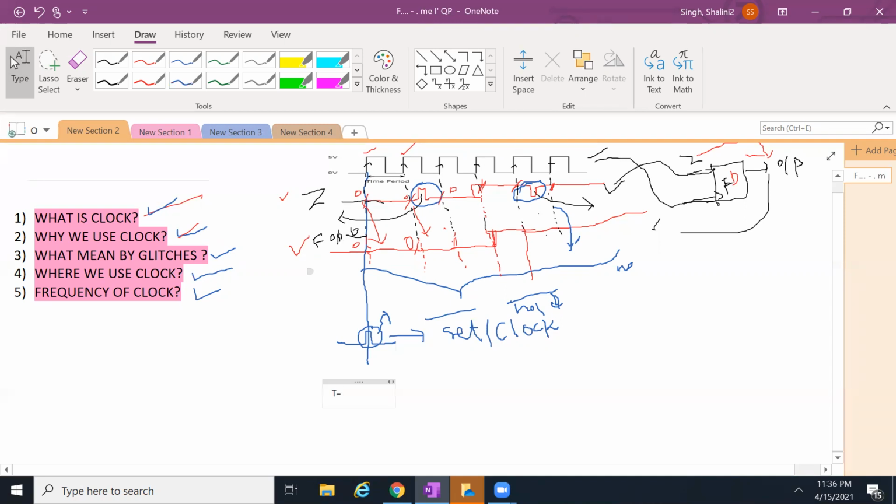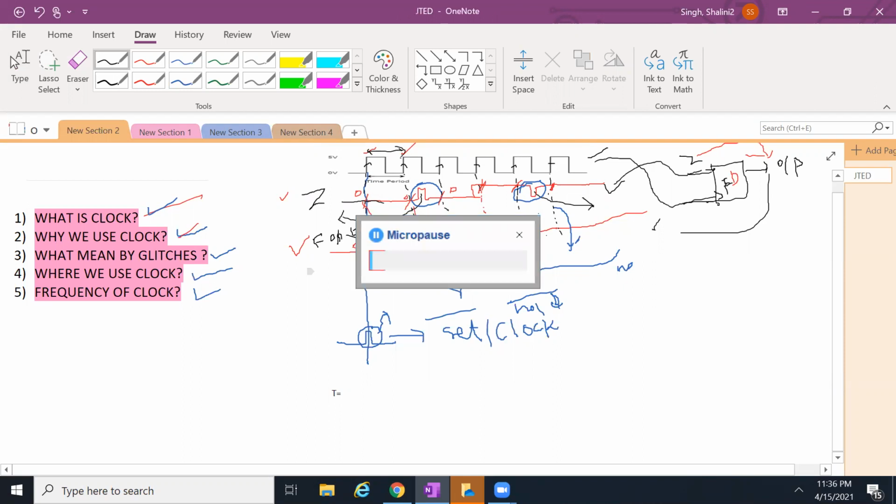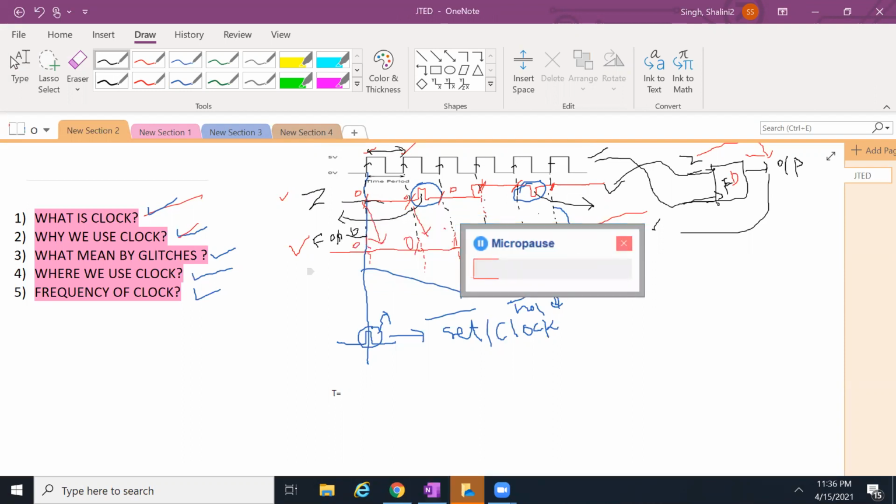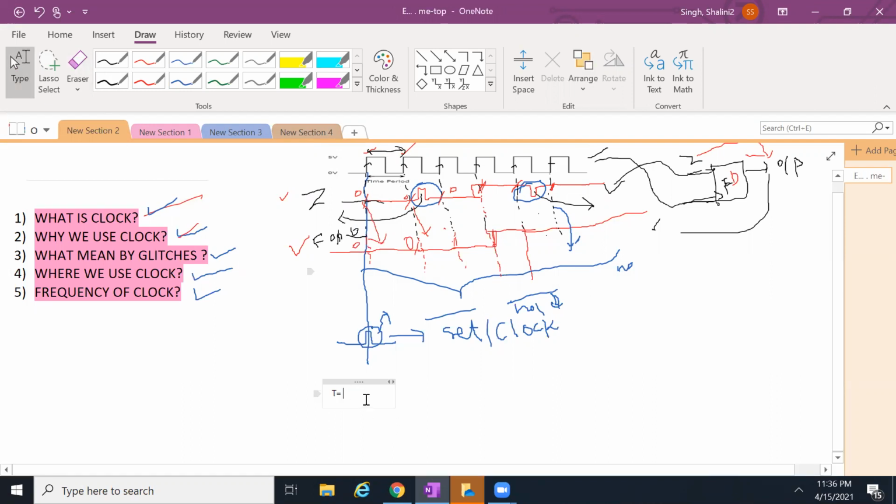Okay, so this is our time period this represents. So the high level and low level together we call a time period. Okay, so the time period is 1 divided by f. Here f represents frequency, so if you calculate the frequency you will get 1 by T. So like that we can calculate the frequency.